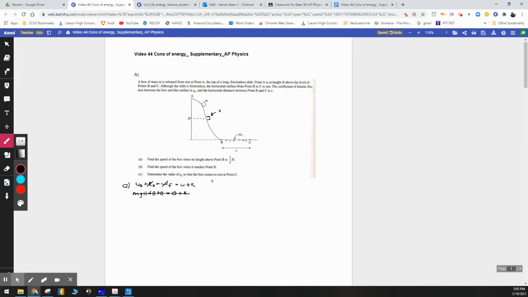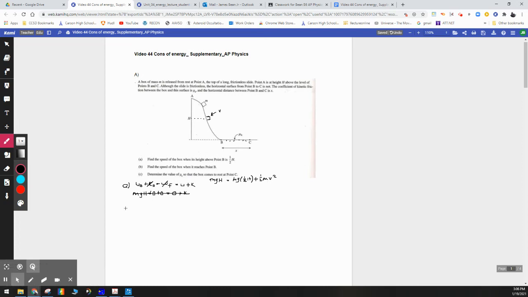So we have mgh on this side, equal to mg times 1/2 h, here's 1/2 h right here, plus 1/2 mv squared. From here, you should be able to solve for v. We'll hit pause and give you a multiple choice question to solve for v. What does v equal?